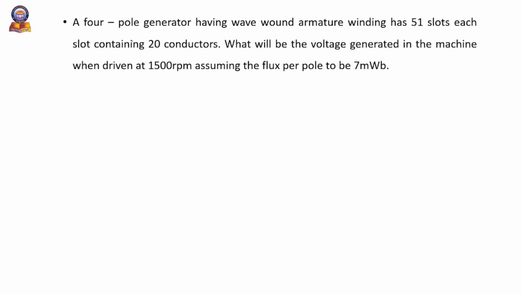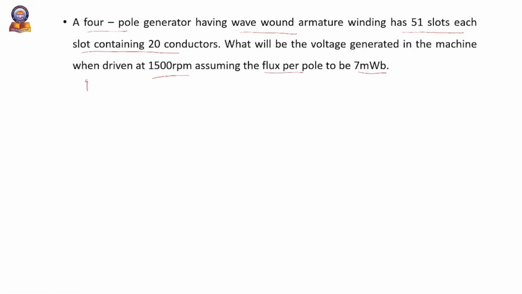Then coming to the third problem, a 4-pole generator having a wave-wound armature with 51 slots, each slot containing 20 conductors. What will be the voltage generated in the armature when driven at 1500 rpm, assuming the flux per pole to be 7 milliwebers?